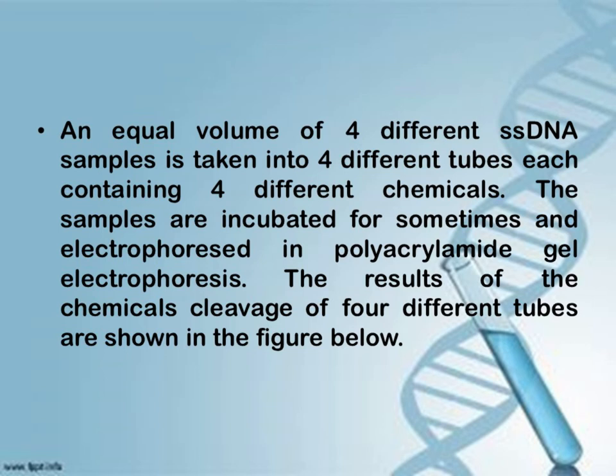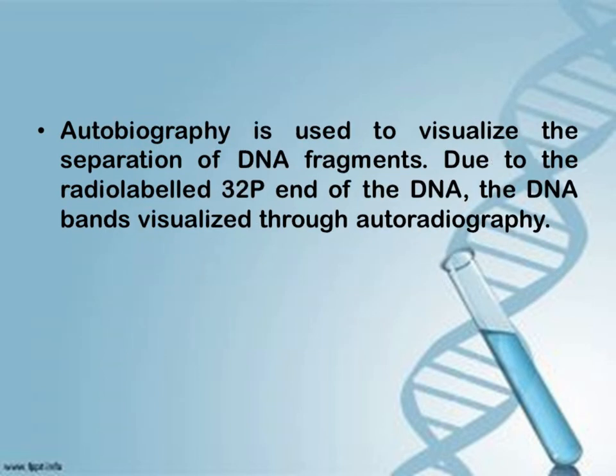The samples are incubated for some time and electrophoresed in polyacrylamide gel electrophoresis, and the result of the chemical cleavage of the 4 different tubes is shown in the figure below. Autoradiography is used to visualize the separation of DNA fragments due to the radio-labeled phosphate 32 end of the DNA. The DNA bands are visualized through autoradiography.